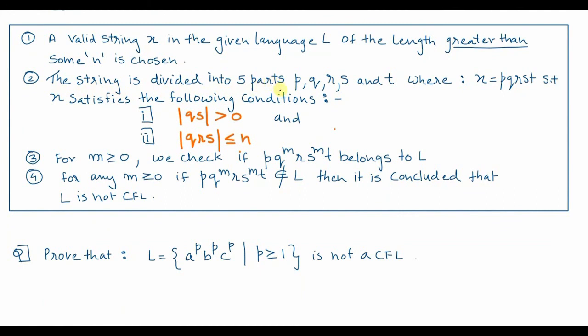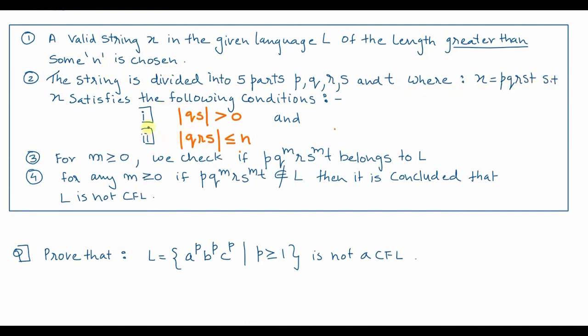In the regular language pumping lemma, we used to divide the string into 3 parts, u, v, w, whereas in this pumping lemma for context-free languages, we divide the string into 5 parts, namely p, q, r, s and t, such that x equals pqrst, and the following conditions are satisfied.